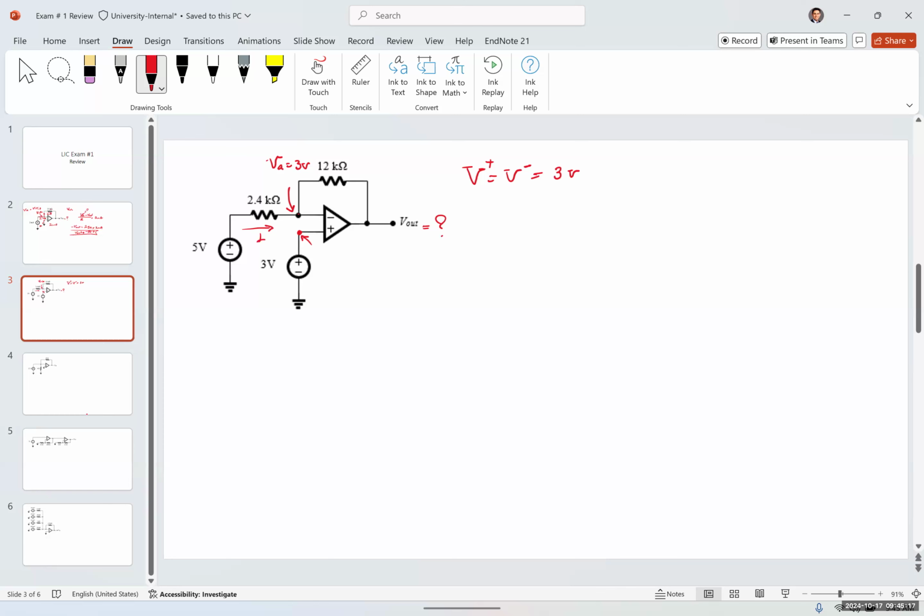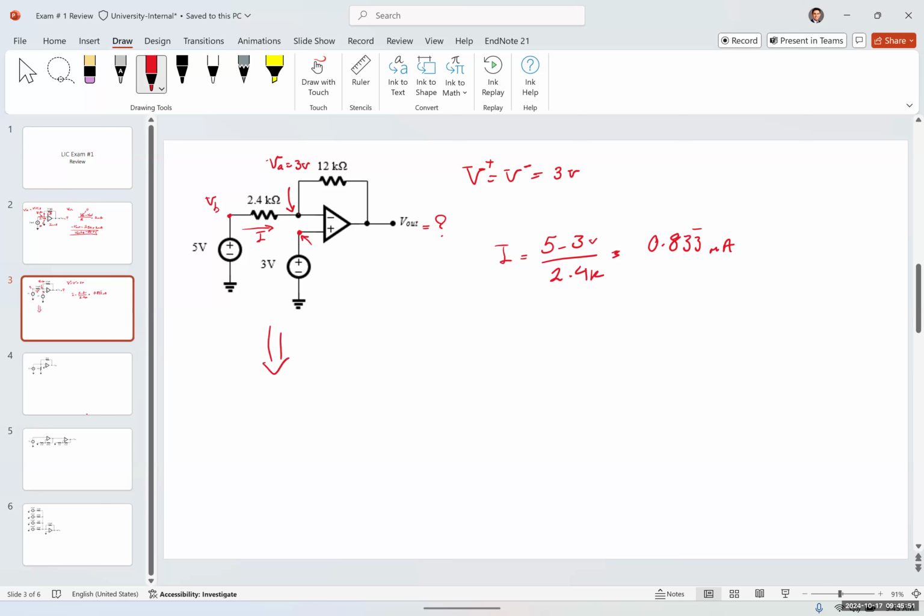We can measure this current, I'm going to call it I. I would be equal to 5 minus 3, which is voltage here. I'm going to call it VB, VB minus VA over its resistance, which is 2.4K. This gives us a current of 2 over 2.4, which is 0.833 milliamps.